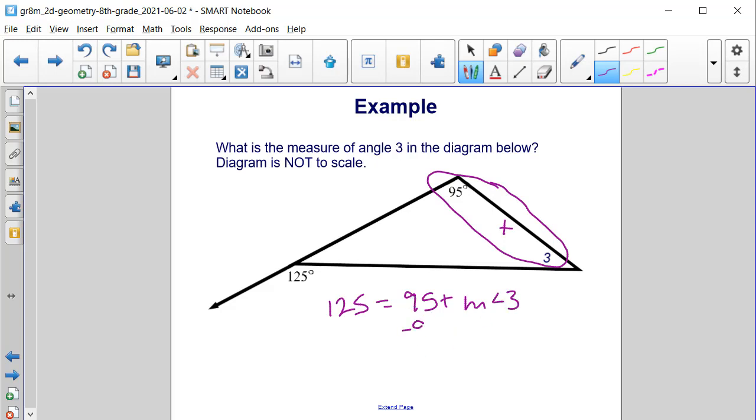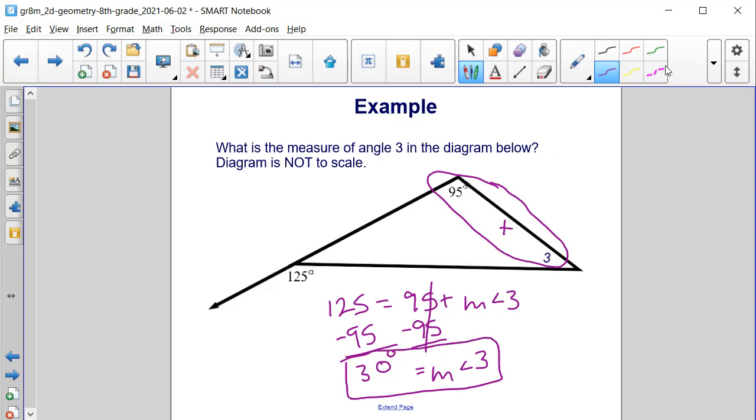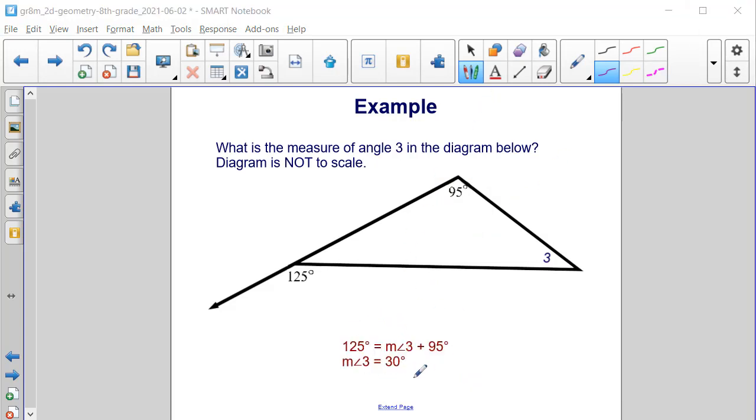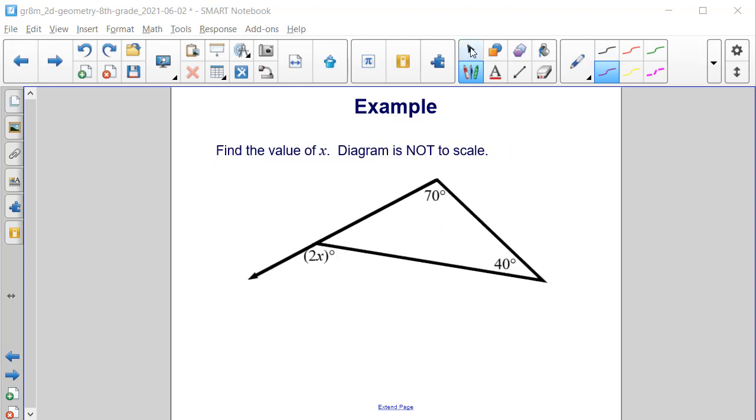Then if we subtract 95 from both sides, we find that the measure of angle 3 is 30 degrees. And here's the work required to solve this problem, and it matches the solution that we found, that the measure of angle 3 is 30 degrees.